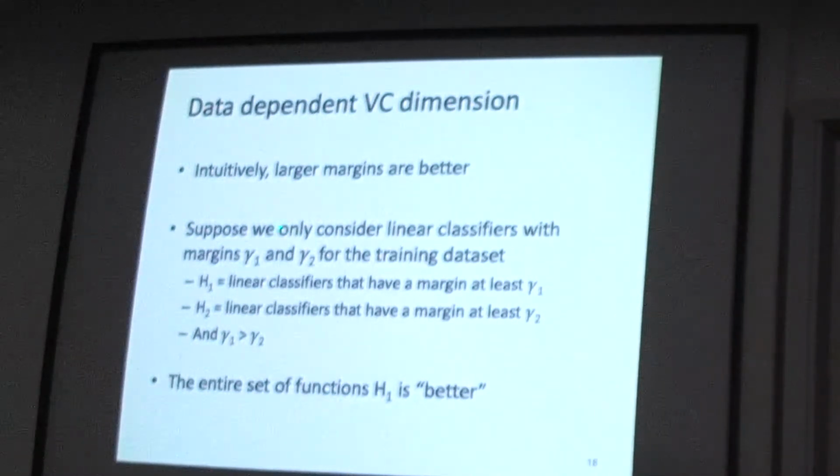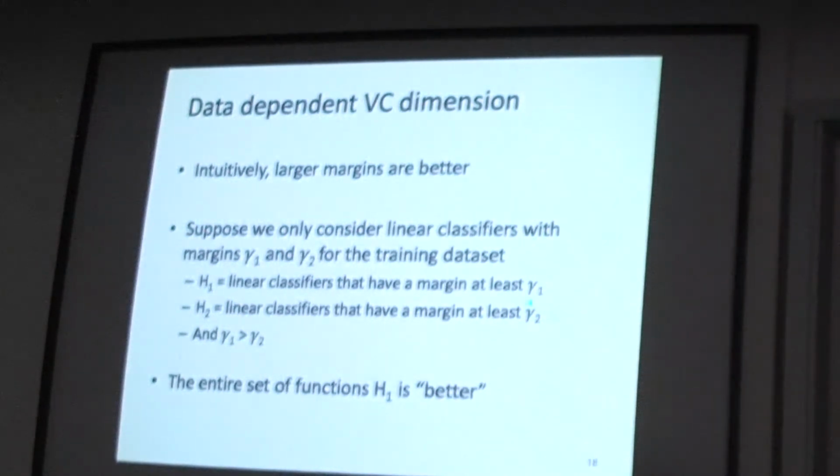So suppose we consider two sets of linear classifiers. H1 are linear classifiers that have a margin at least gamma 1 for the training set. And H2 are the linear classifiers that have a margin at least gamma 2 for the training set.